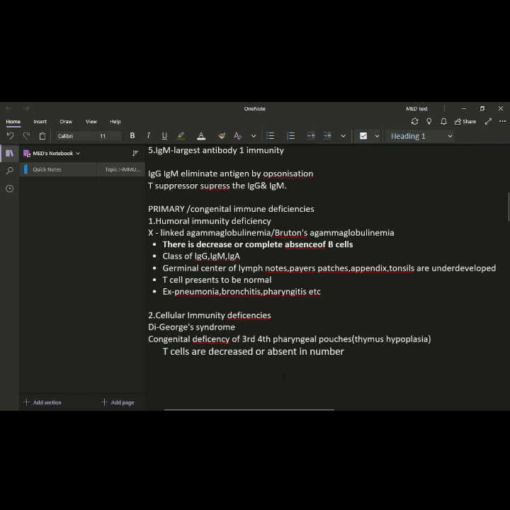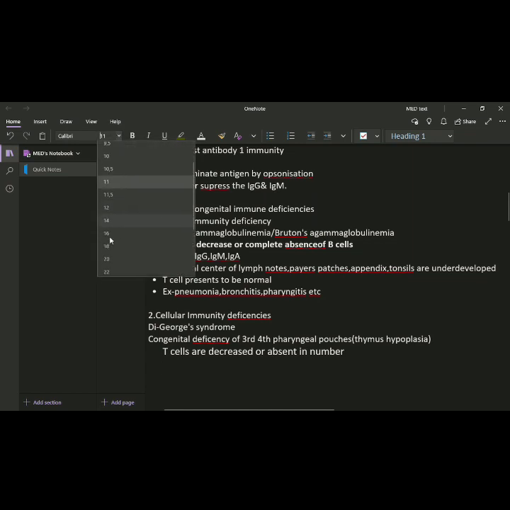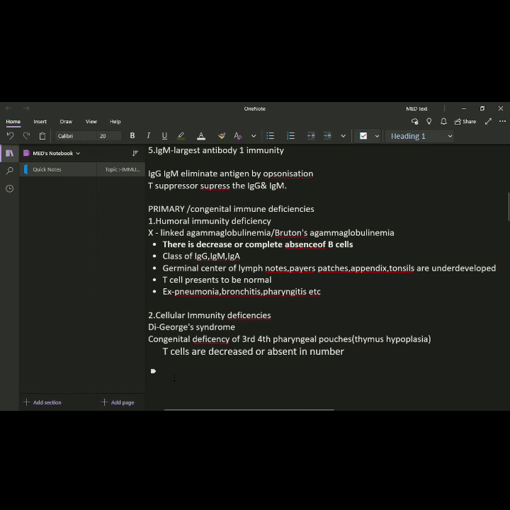Alright. So the next one, the examples of this type of deficiency is it occurs in viral, fungal, protozoal infections.